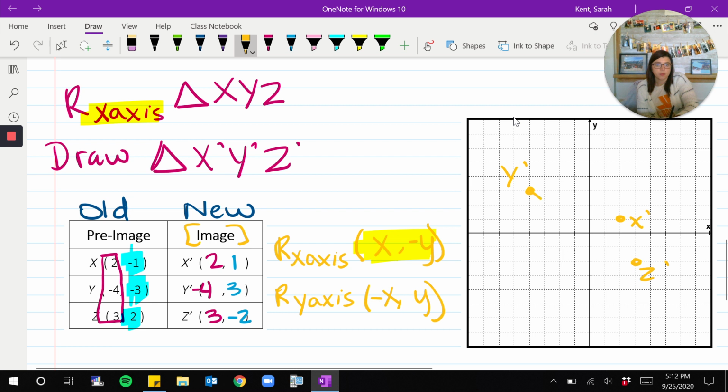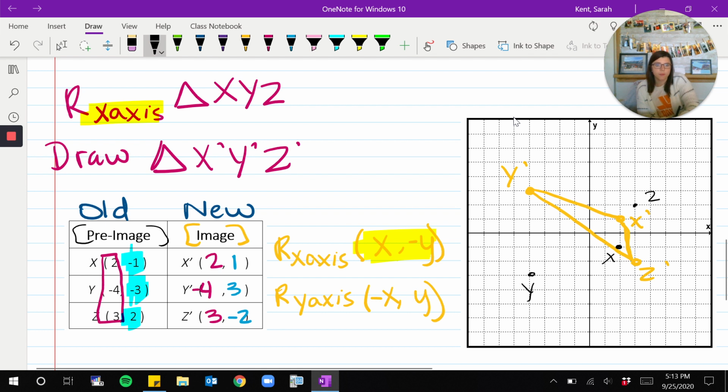So here is my new triangle. I'm going to graph the old one just so you can see the flip. So the old image was at 2, negative 1, negative 4, 1, 2, negative 3, and positive 3, 1, 2, z.